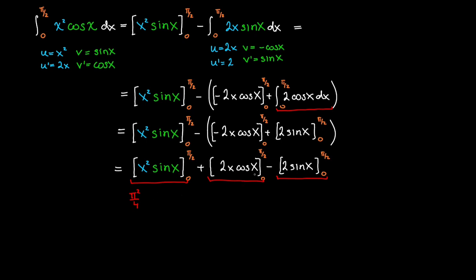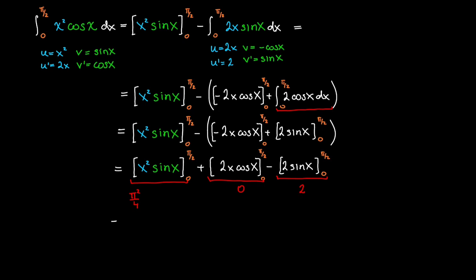For the second part of this answer, we have 2x cosine of x. When plugging in pi over 2 and 0 into this expression, what we get is simply 0. And lastly, when I plug in pi over 2 into 2 sine of x, what I get is simply 2. And 0 will give me 0. So the answer to the last part is just 2.